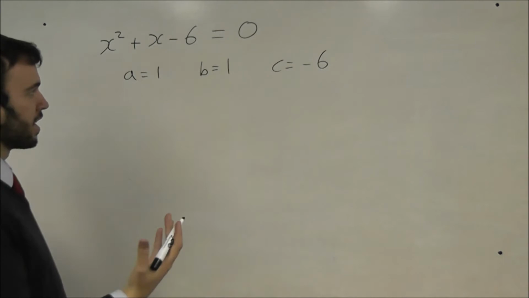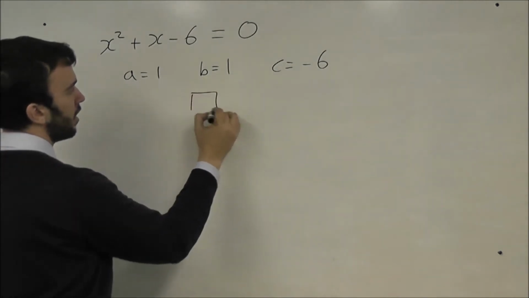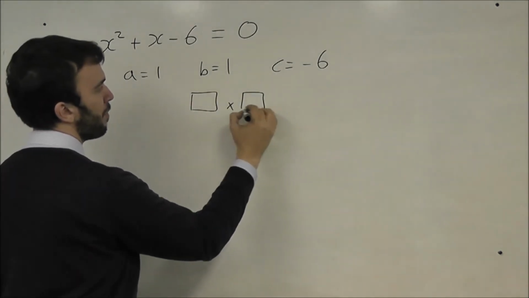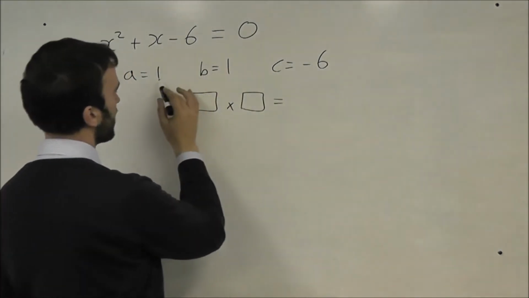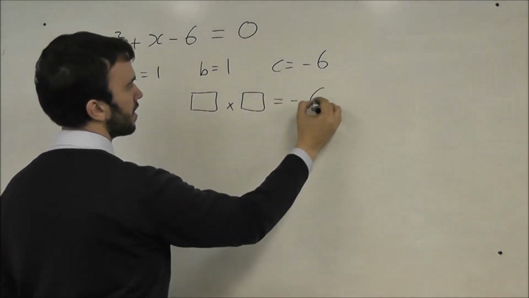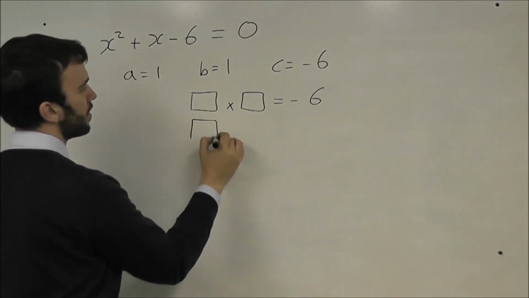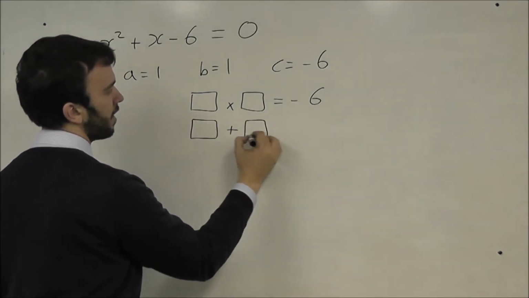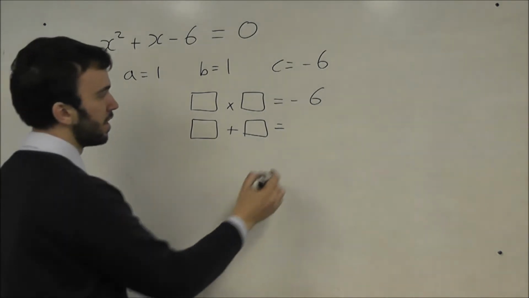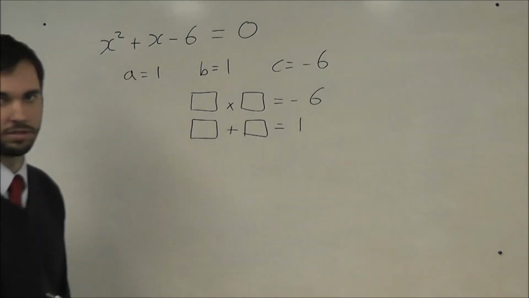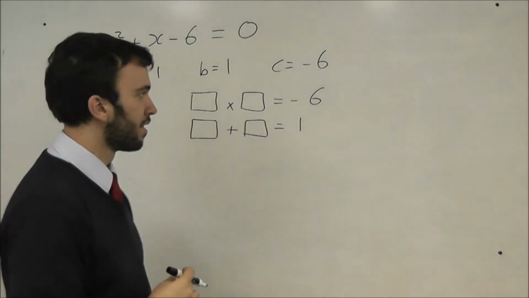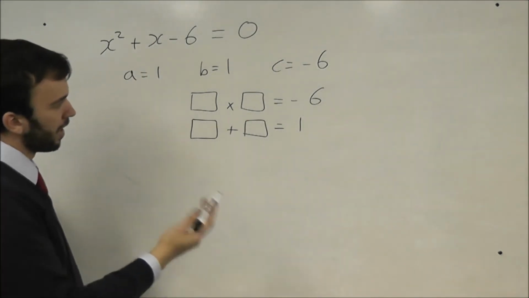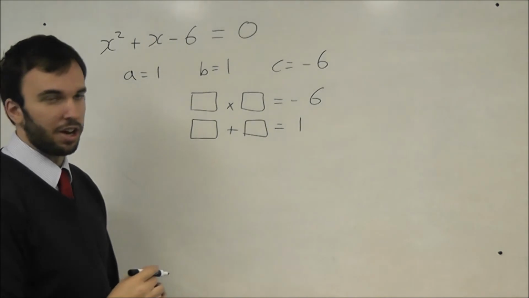Okay, so now I need two numbers that multiply together to give a times c. In this case a times c is negative 6. And those two numbers also need to add together to give me b, which in this case is 1. So I think of different things that might multiply together to give 6, and I'm thinking 2 and 3 are going to work.